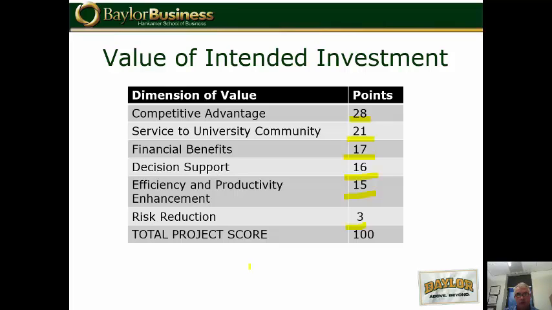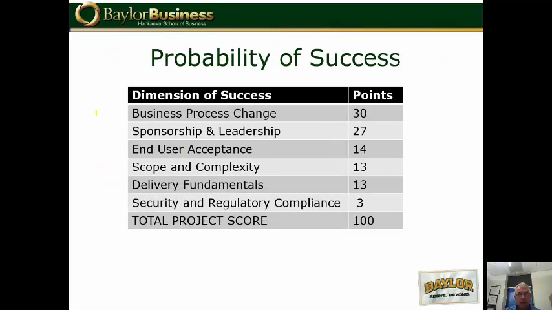It forced them to look at different IT investment proposals through the same lens. And this was their definition of value. And so they could rank and prioritize these projects. They also did the same on a number of factors related to the probability of success.